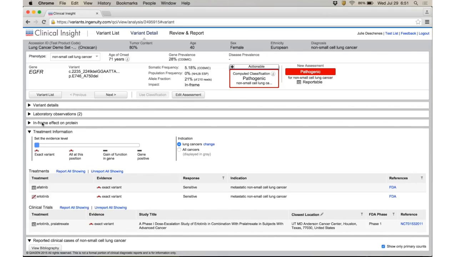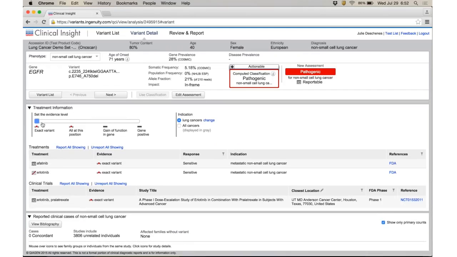The next section that is really useful and meaningful for somatic cancer workflow is treatment. We are curating data in three primary areas that are relevant for clinical laboratories: the drug label, the clinical trial, and professional guidelines.